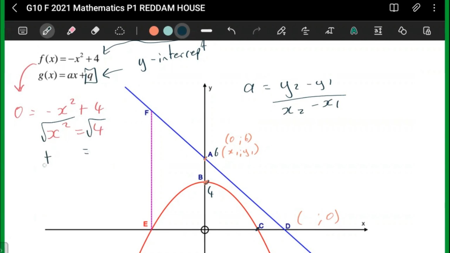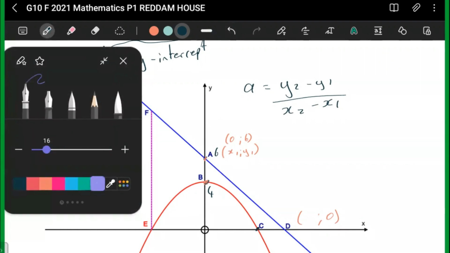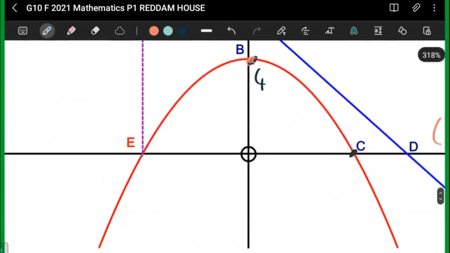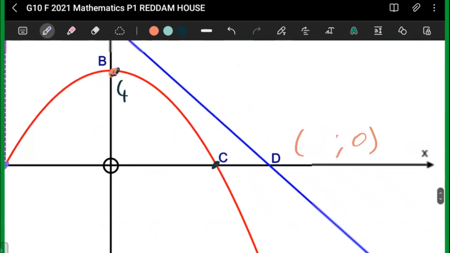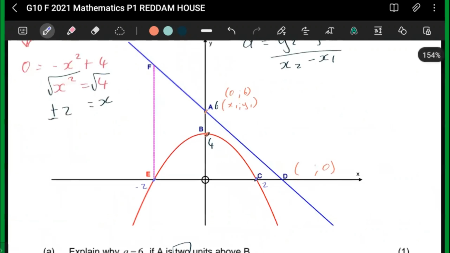This is going to give you plus or minus 2. That's your x. So here, you're going to put a minus 2. Here, you're going to put a plus 2. So in a situation like this one, you can clearly see that D automatically has to be a 3.